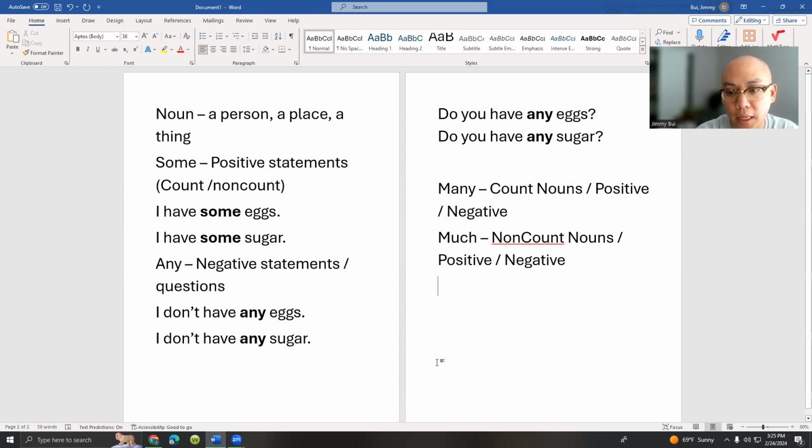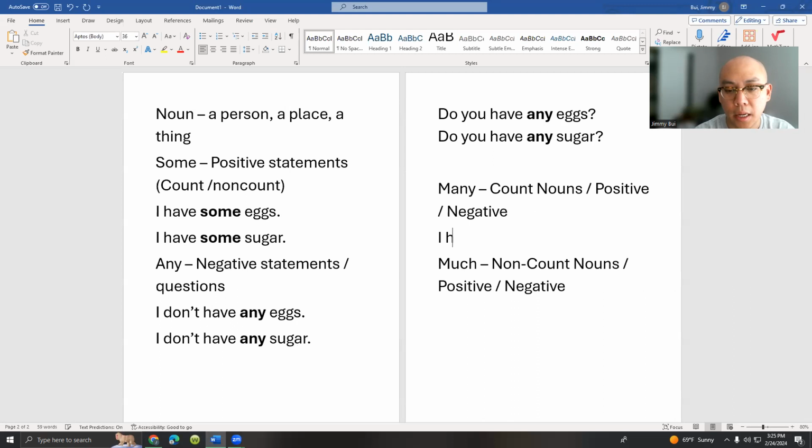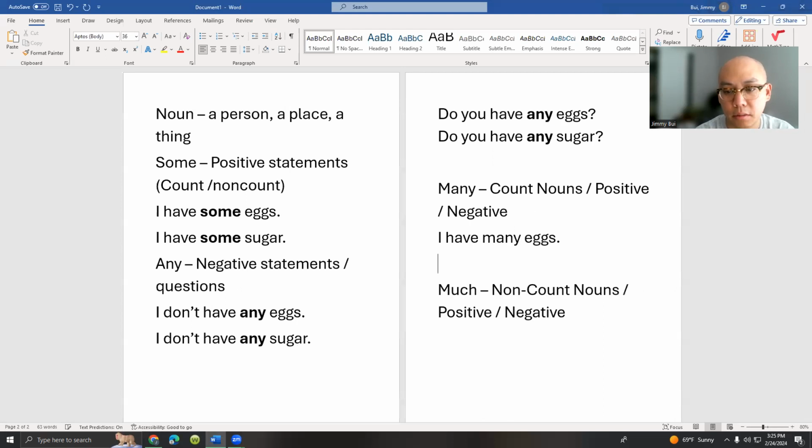And examples of these, so let's just say many. I have many eggs. Okay, plural form. I don't have many chickens. And again, because there is a plural form and these are countable, then we use many.